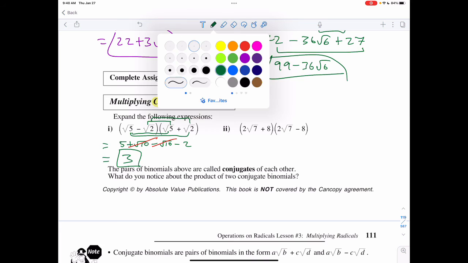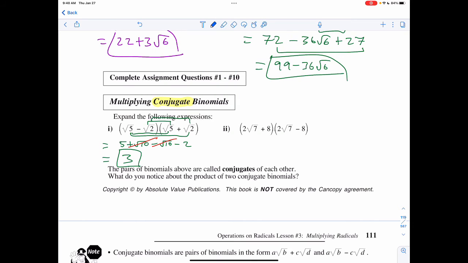When I take a look at the second example here, same process. I'm going to multiply my first terms, and that's going to give me 4. 2 times 2 is 4, and root 7 gives me 7. Then I'm going to have negative 16 root 7s, positive 16 root 7s, and positive 8 and negative 8 make negative 64.